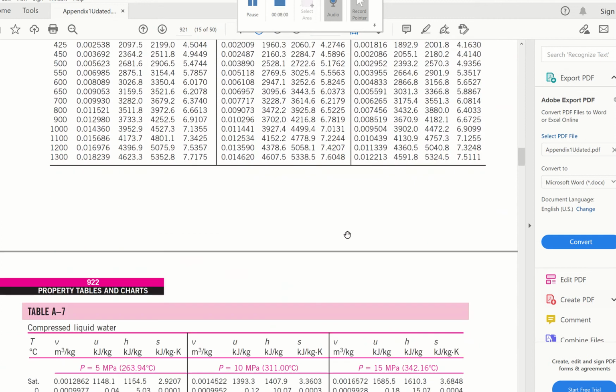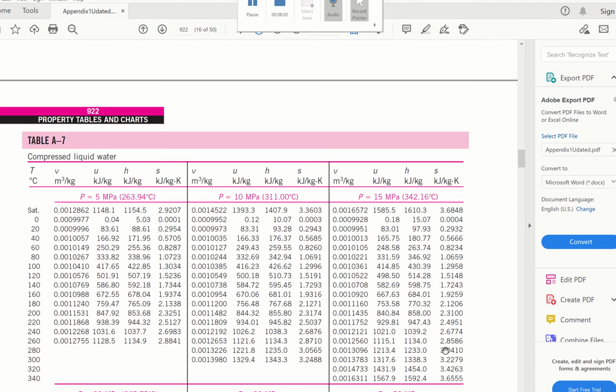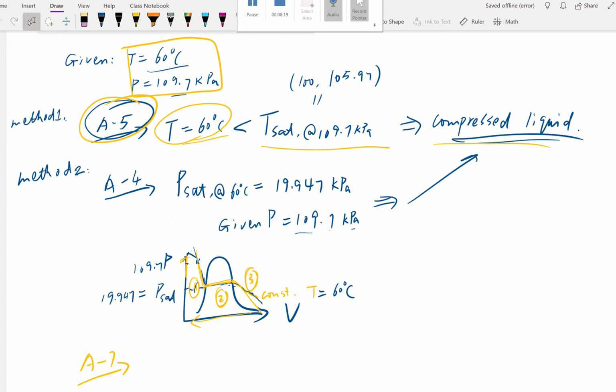Not yet, getting there. Again, it's mainly table. And remember, one time I mentioned in the steam table basics that the minimum pressure in the compressed liquid table is 5 megapascal. And our pressure here is what? 109.7 kilopascal, which is 0.1 megapascal.